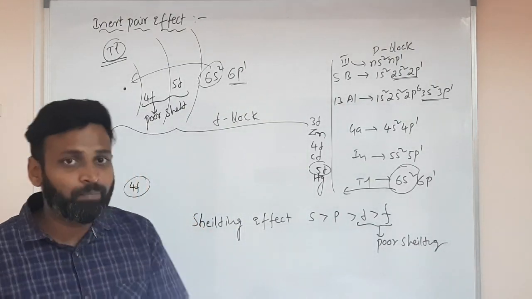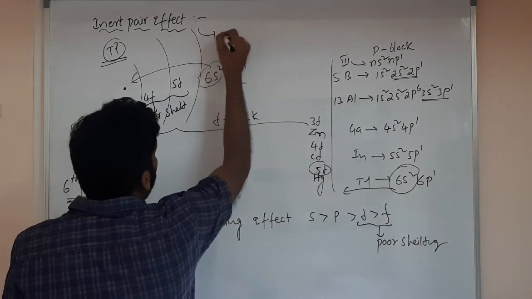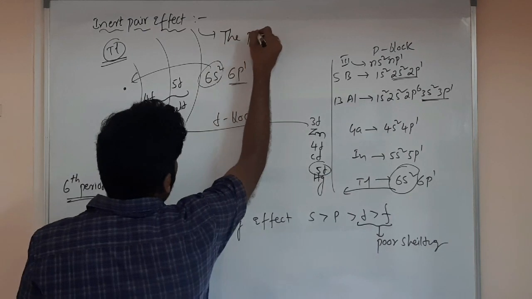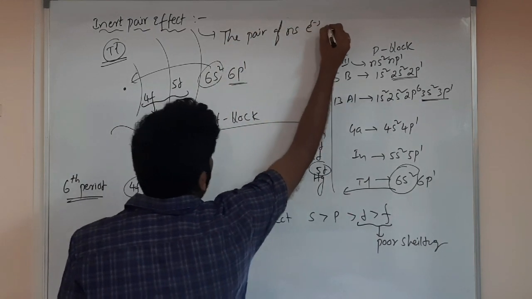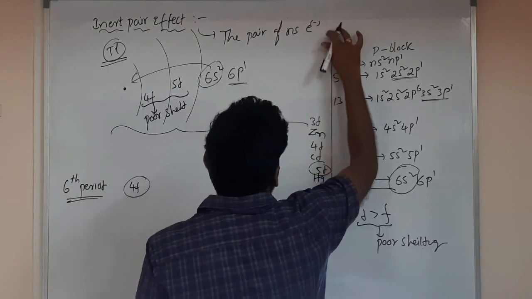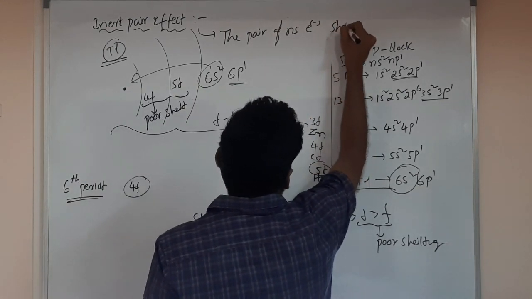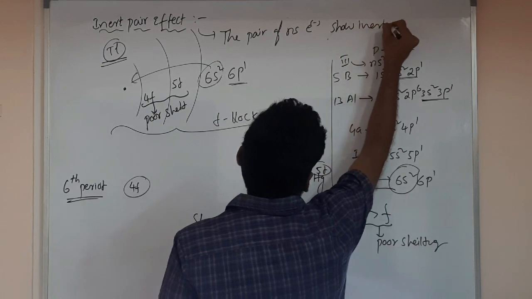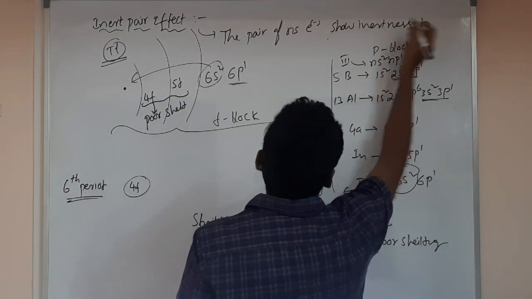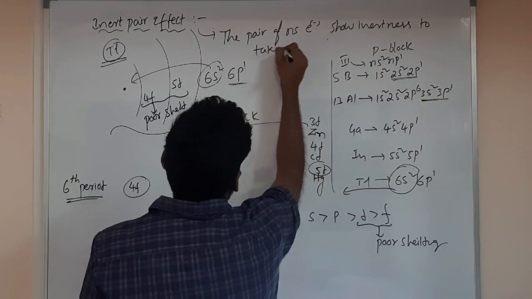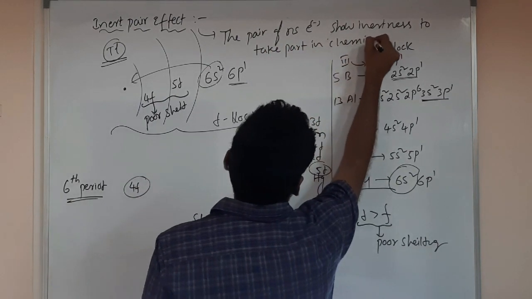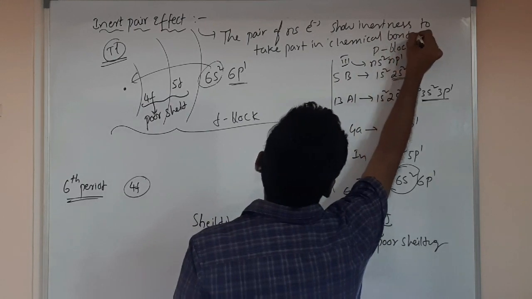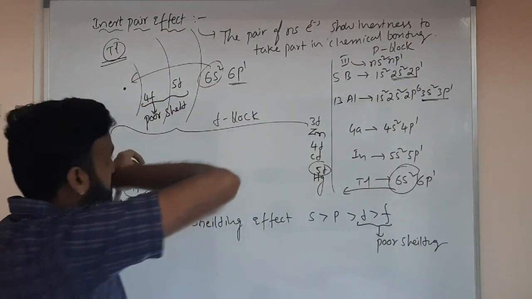So inert pair effect means the pair of ns electrons show inertness to take part in chemical bonding. That is called inert pair effect.